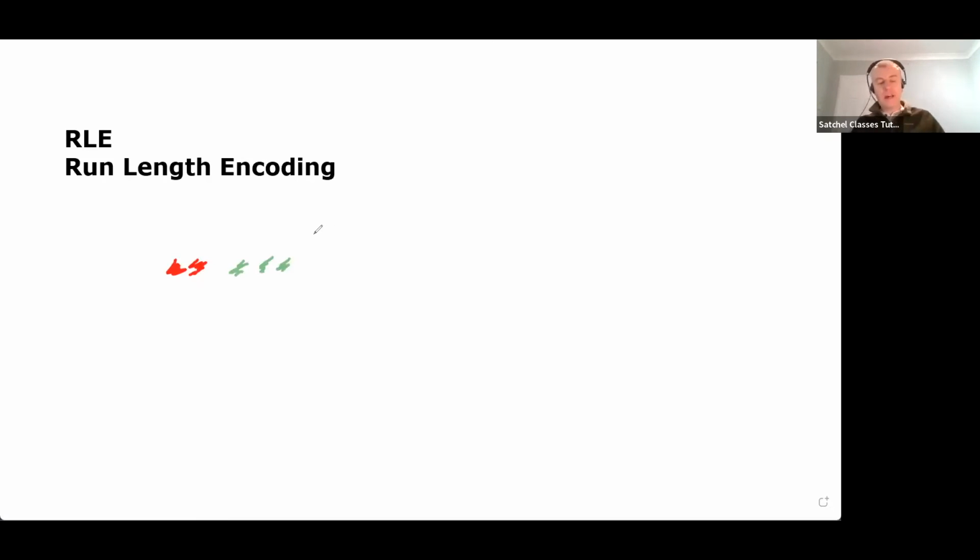We can use RLE to compress the color information. So we might have 2 red and 3 green, for example. That sort of thing. So it's quite versatile.